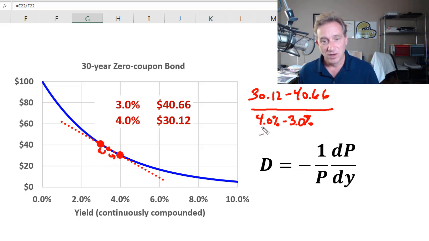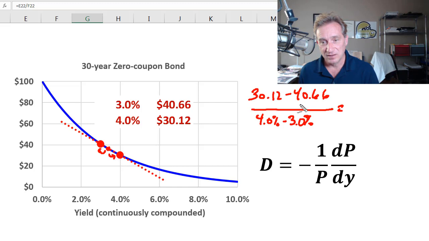Here's my 1 basis point shift in the yield in the denominator, and then what's the associated change in the numerator with the price, right?